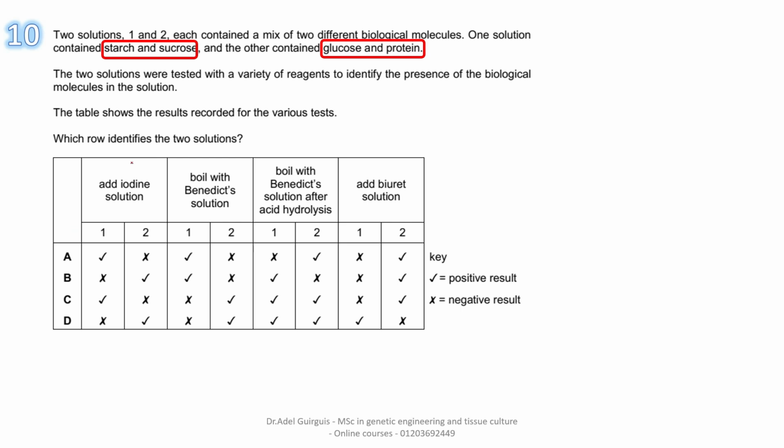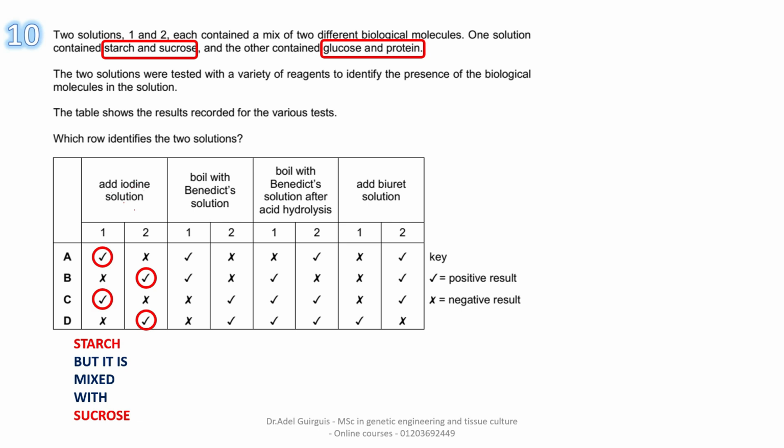Firstly, we check by adding iodine solution for the presence of starch, as we know. Solution 1 gives a positive result with A and C, while solution 2 gives a positive result for B and D. But starch is mixed with sucrose.